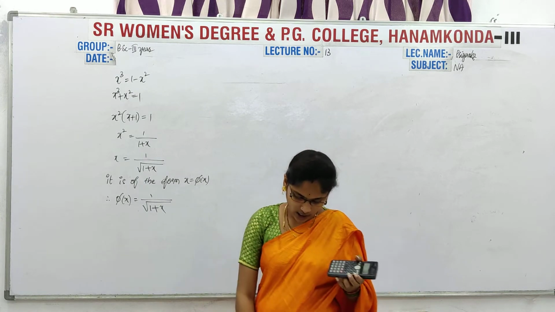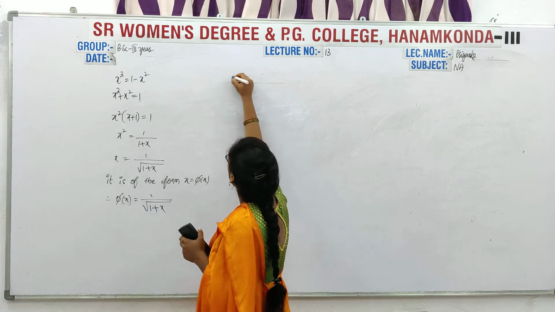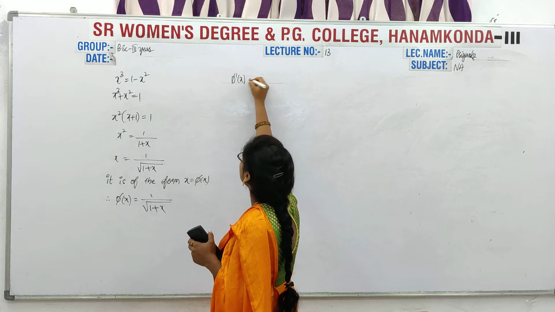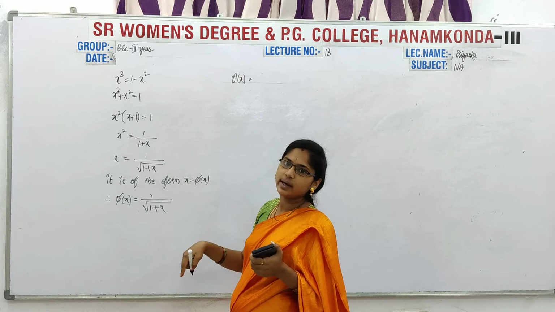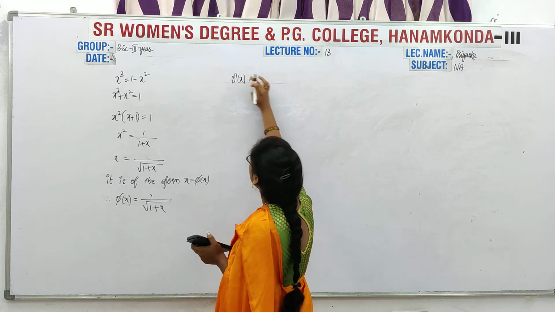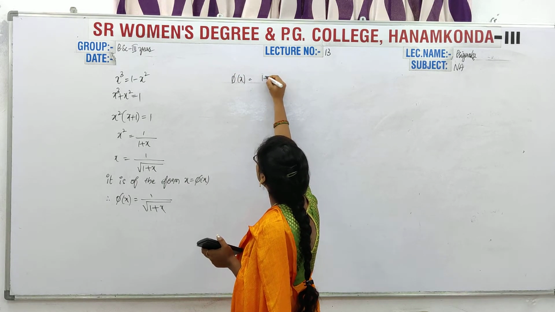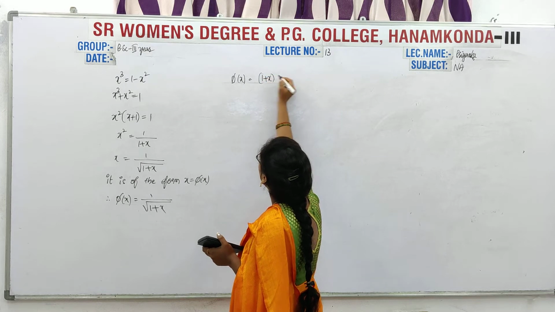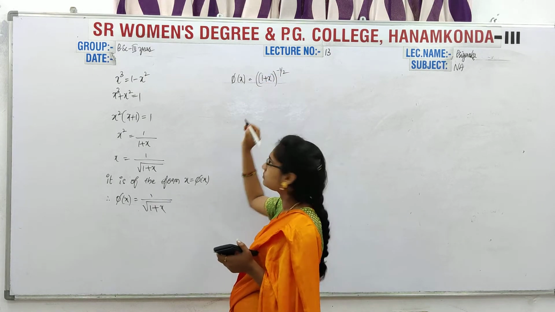Okay, so next we have to calculate phi dash of x. Now phi of x is nothing but, as I said in a previous class, 1 plus x whole power minus 1 by 2.